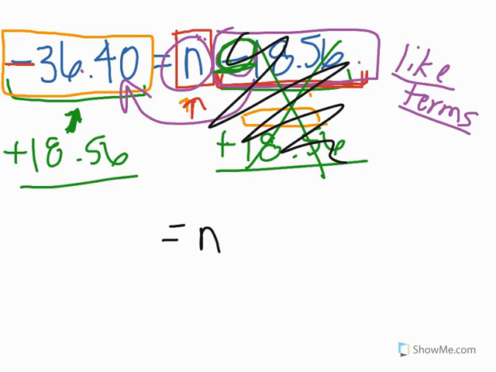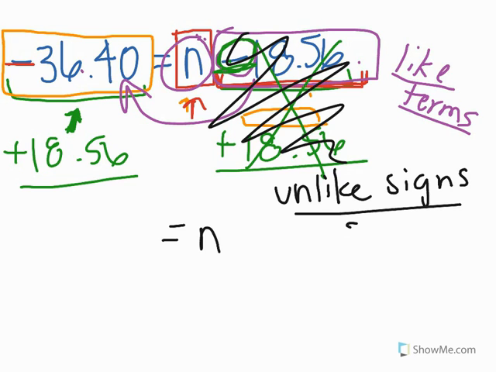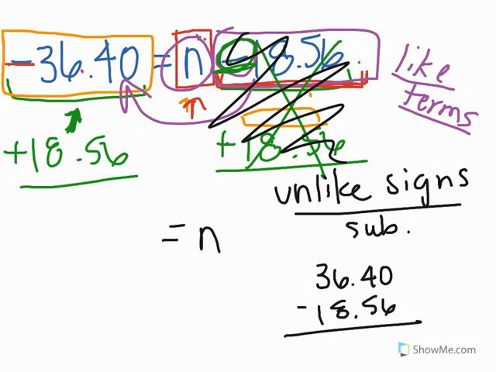Remember that if you have unlike signs, you subtract. So I can take this 36.40 and subtract 18.56 from that.